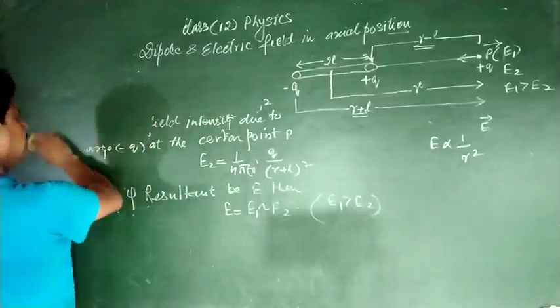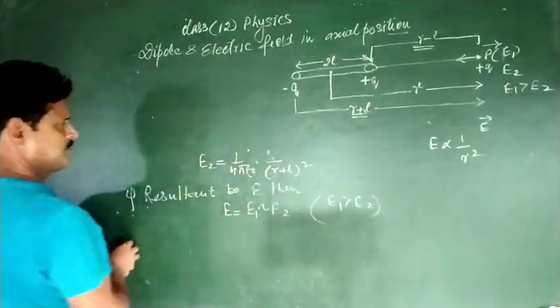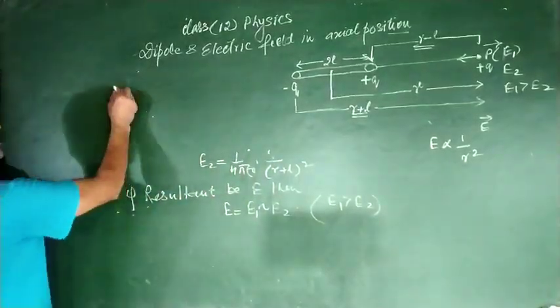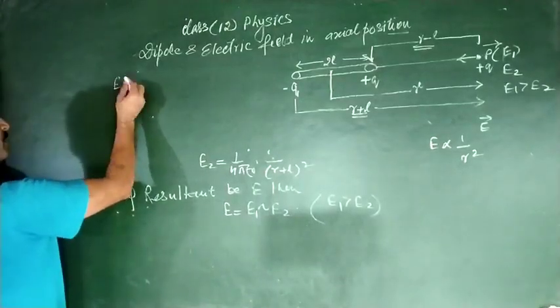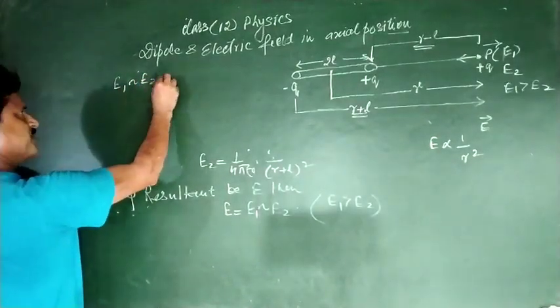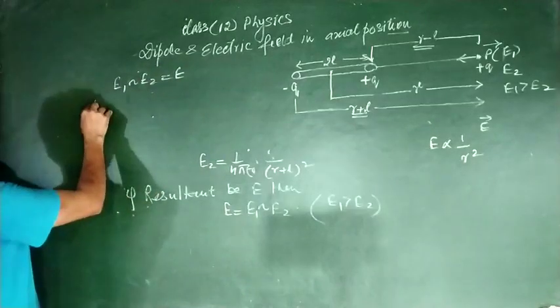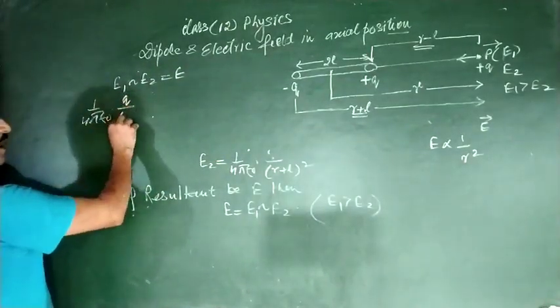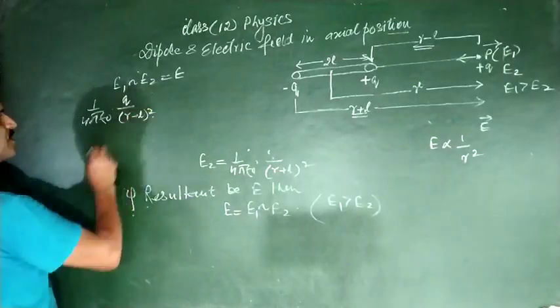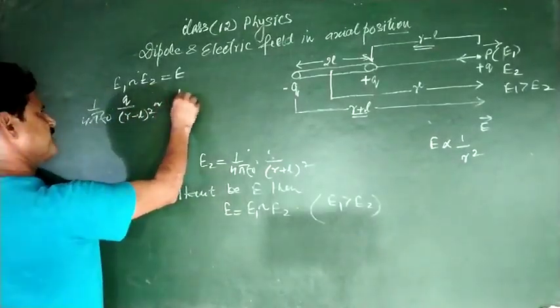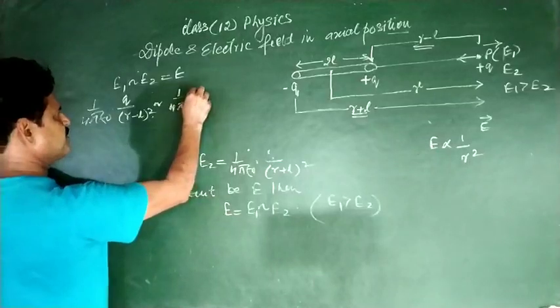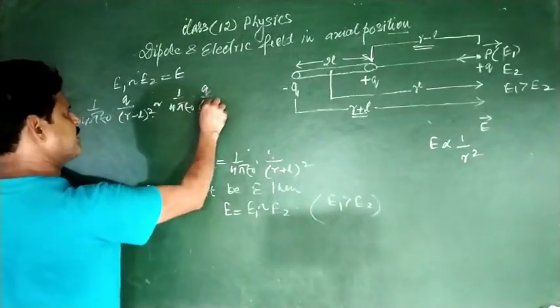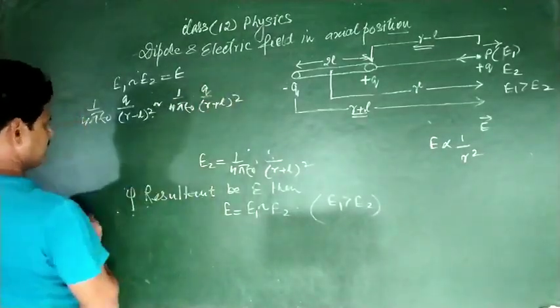Let us evaluate E1 minus E2, which is E, meaning 1 upon 4 pi epsilon 0 q by (r minus L) whole square, minus 1 upon 4 pi epsilon 0 q divided by (r plus L) whole square.